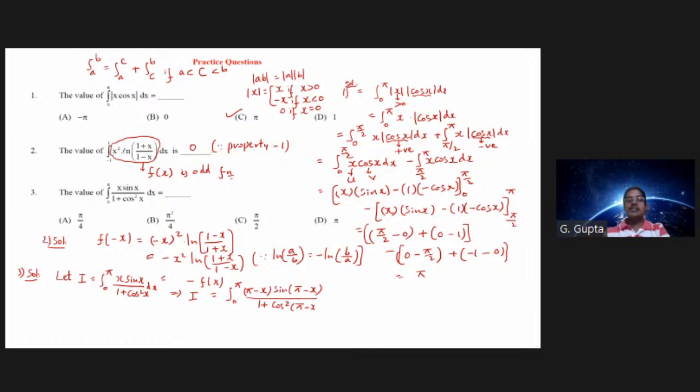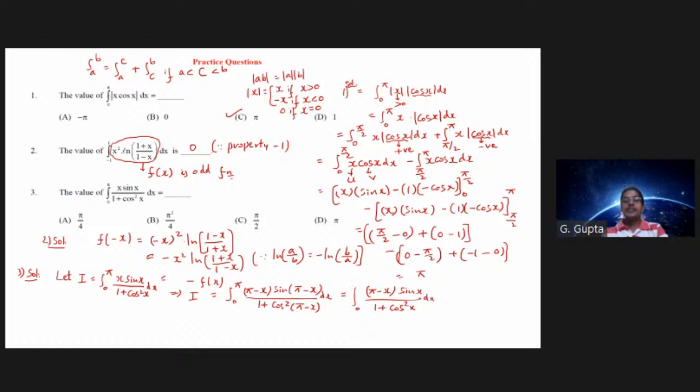Pi minus x is 180 minus theta, that is the second quadrant. In the second quadrant sin is positive, cos is negative. So this is pi minus x into sin x divided by 1 plus cos square x. Cos of pi minus x is minus cos x, but there is a square, so I can write cos square x.